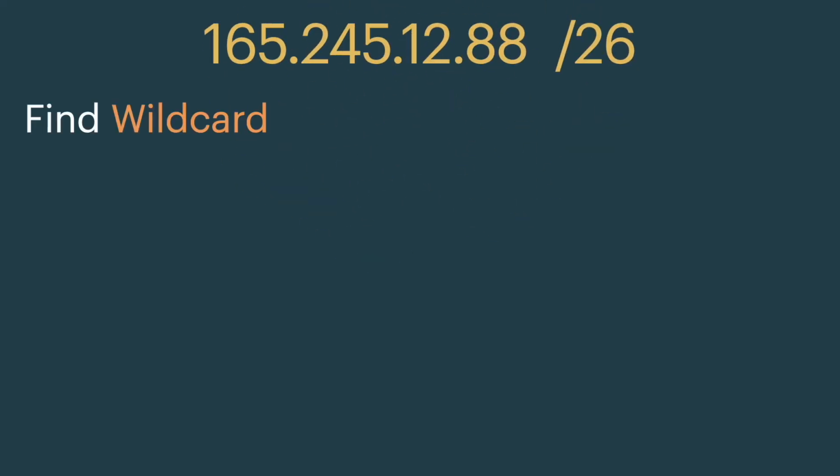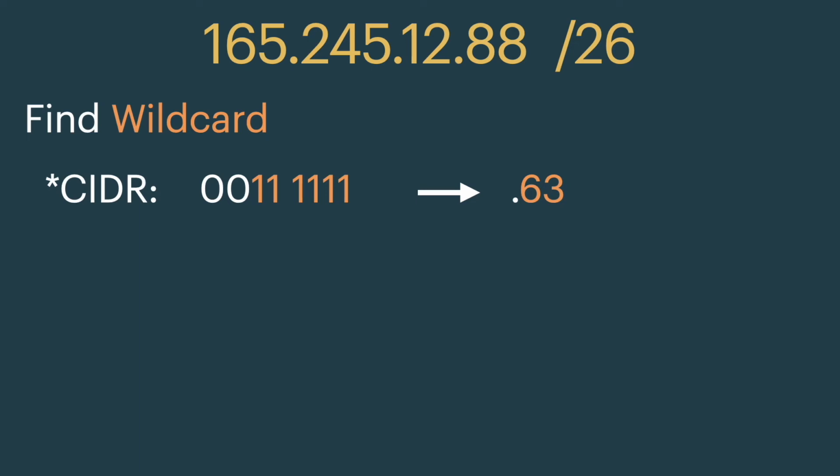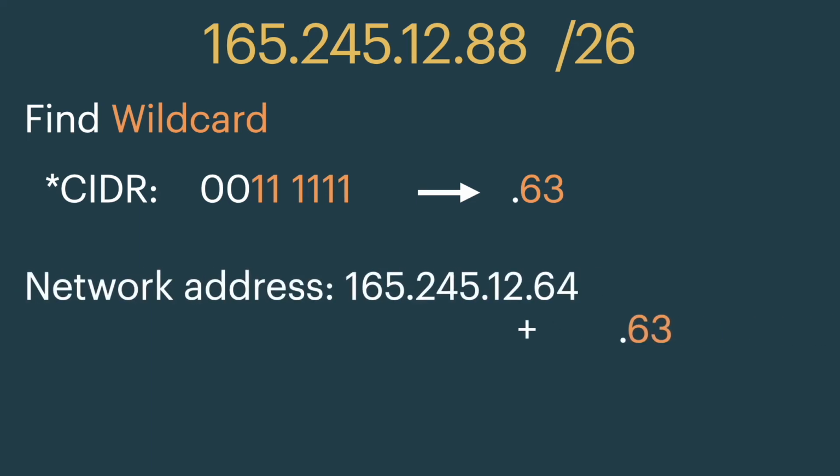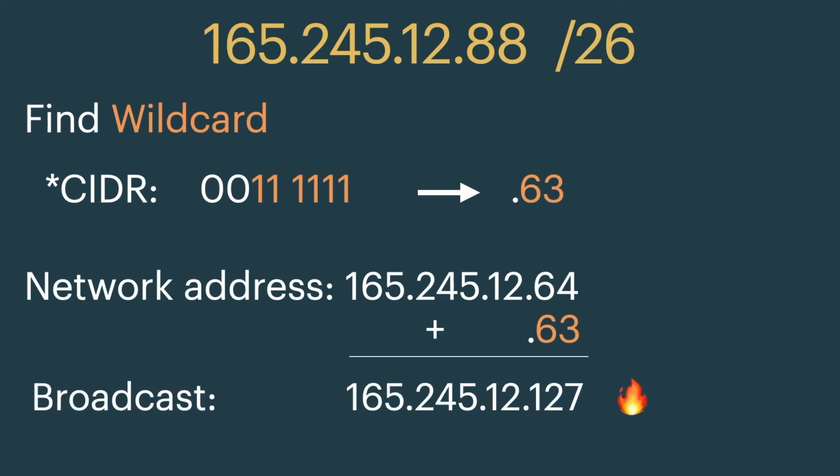Next, we get the wildcard, which is, of course, the opposite of the CIDR. And then we add the network address plus the wildcard and that gives us the broadcast address.